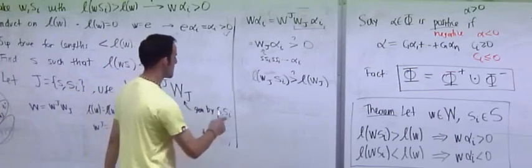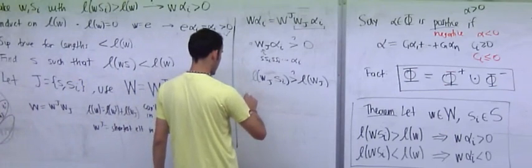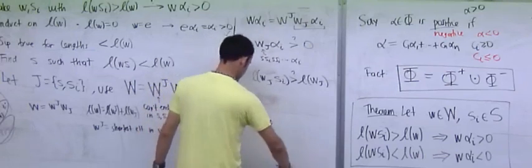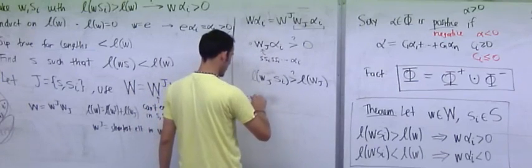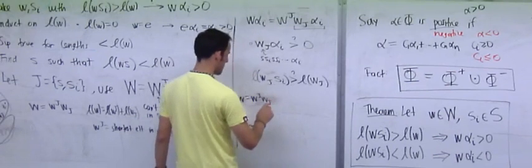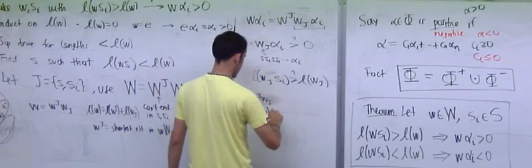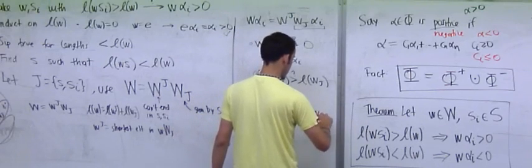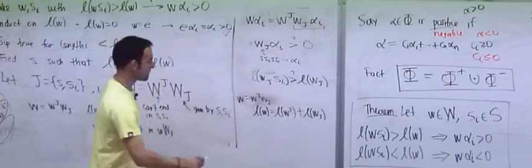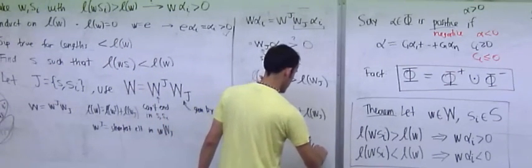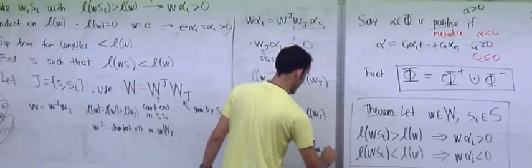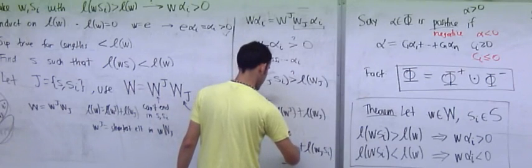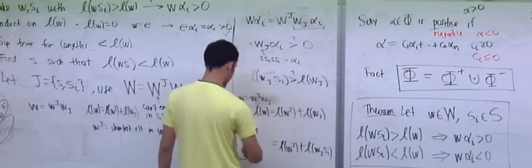And then what I'm going to say is this. I'm going to say that w is equal to w super J times w sub J, where the length of w is equal to the length of w super J plus the length of w sub J. Now, I want to compare the length of w sub J s_i with the length of this guy. So let me add this to it. And what is this equal to?